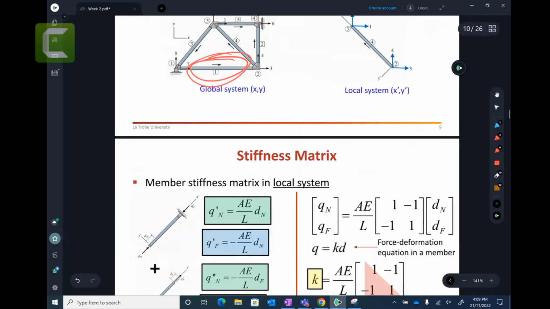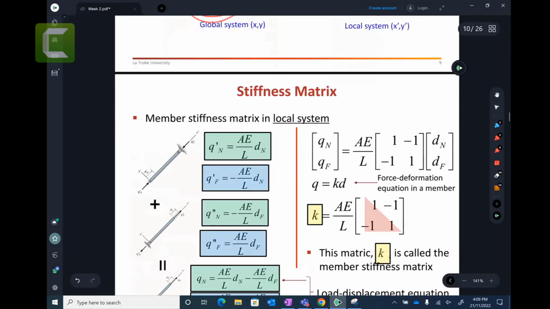Let's take one element, and let's say I fix or hold it here with my hand and someone is pushing from one end. You understand what I'm saying? That is one bar. You hold one end and someone squeezes it.